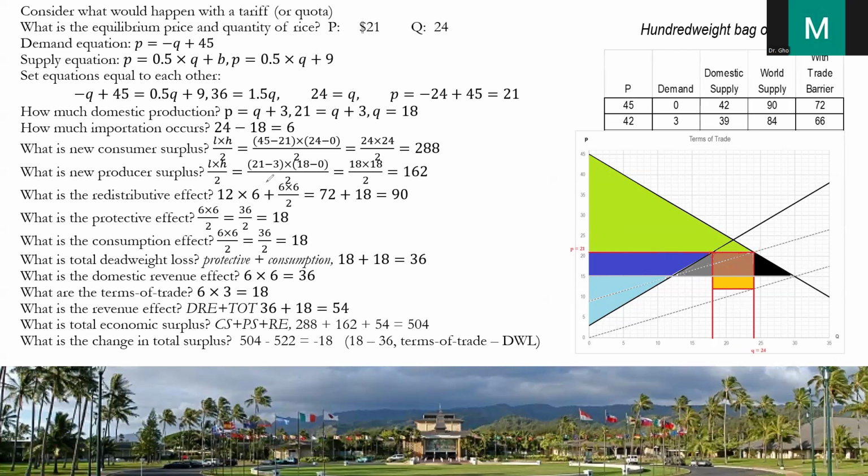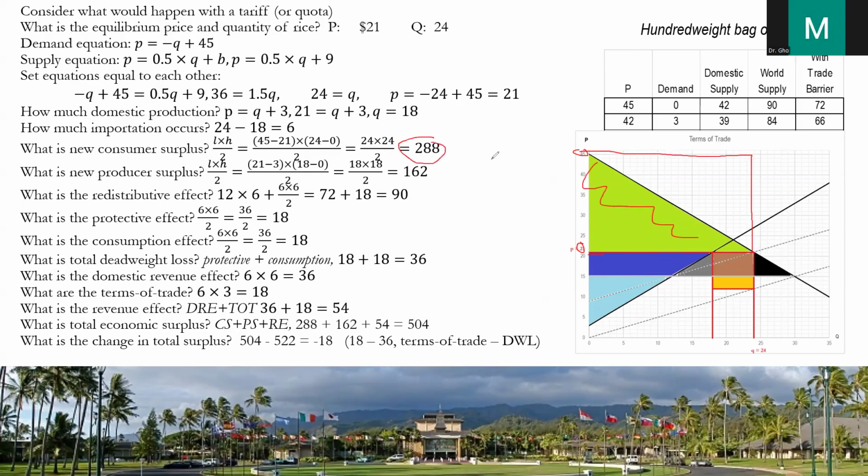What is the new consumer surplus? Consumer surplus is going to be 45 minus 21, which is 24. And then you go from this point all the way out to this point, to 24. If we multiply those two together, we'll end up with this square. But really, we just want this bottom half, so we'll divide it by 2.